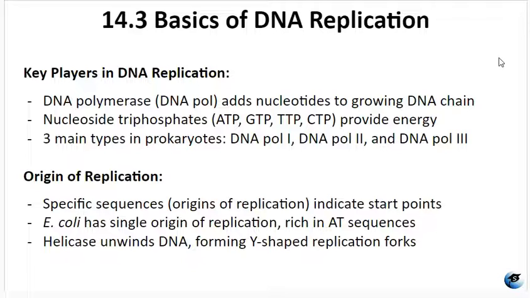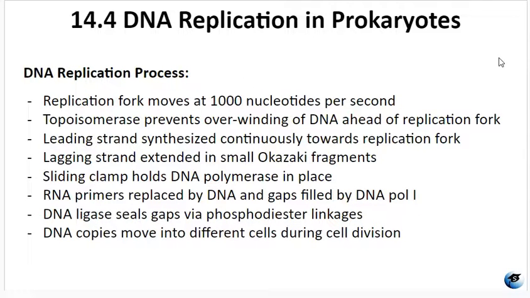Single-stranded binding proteins prevent the single strands from reforming a double helix. The enzyme DNA polymerase synthesizes the new DNA strands, one on each template strand, and it uses free nucleotides present in the cell. The process is bidirectional, with replication proceeding in opposite directions from the origin until the entire circular DNA molecule has been copied.